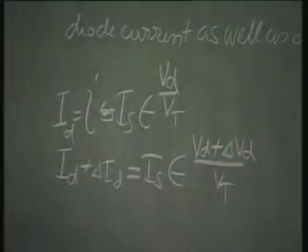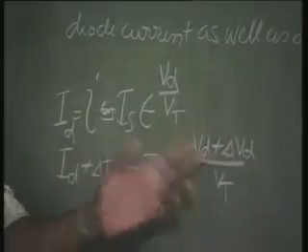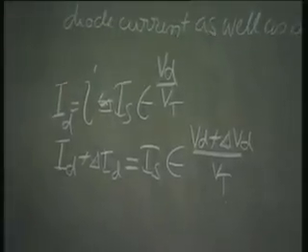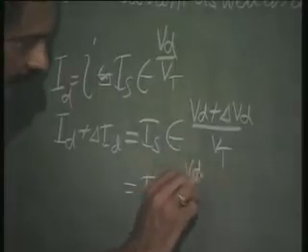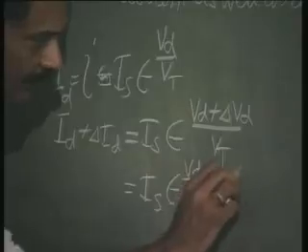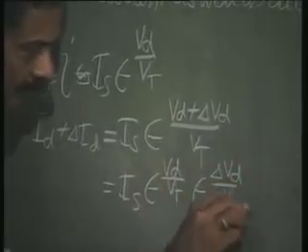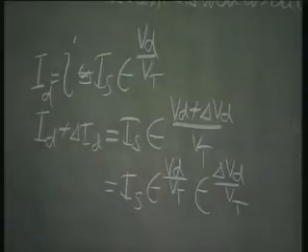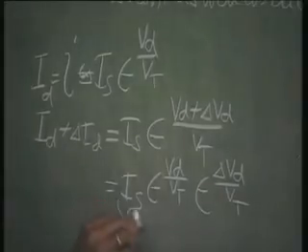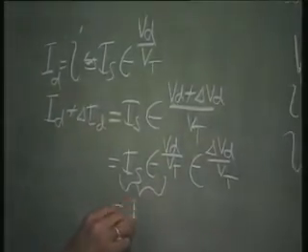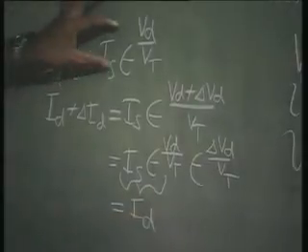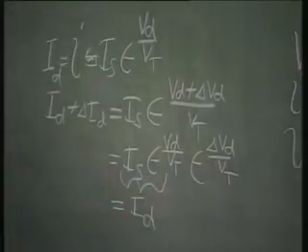It's an exponential relationship. If this delta V diode is very small compared to V diode, that is the case in our graph also, then I can represent this as Is exponent V diode by Vt, exponent delta V diode by Vt. So this is nothing but the original I diode itself, Is exponent Vd by Vt, and the exponent delta Vd by Vt, which is a very small thing.